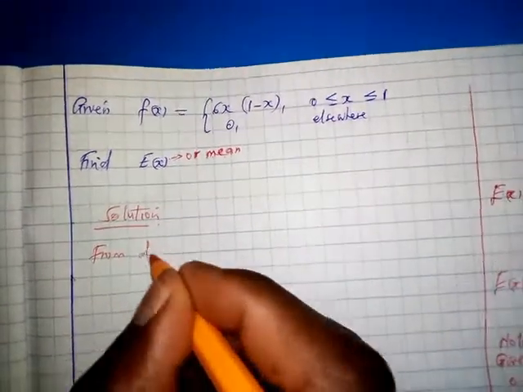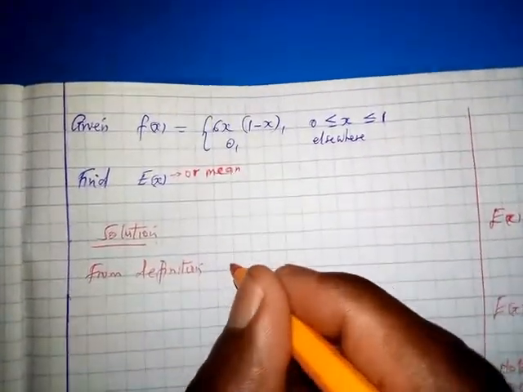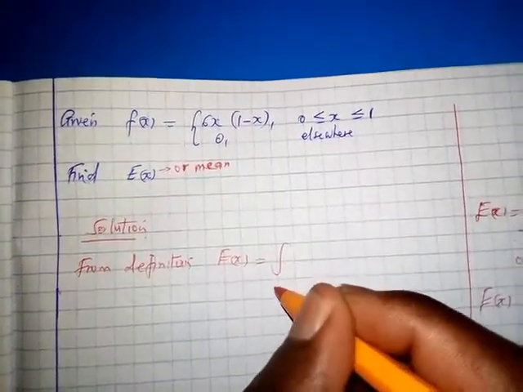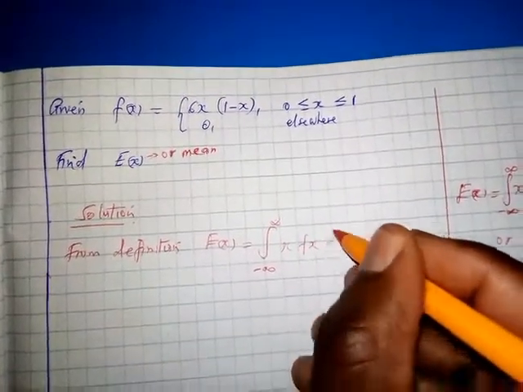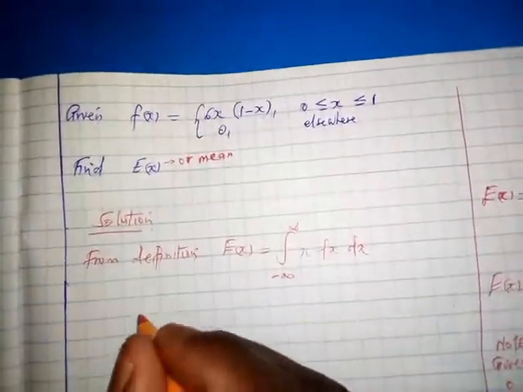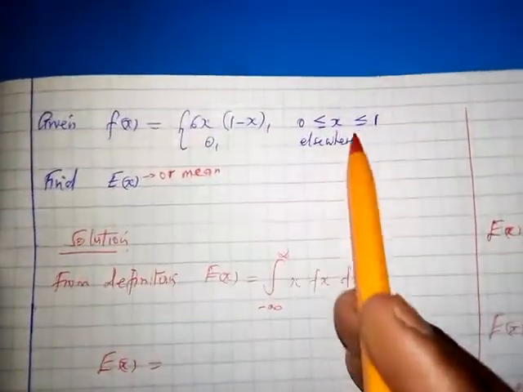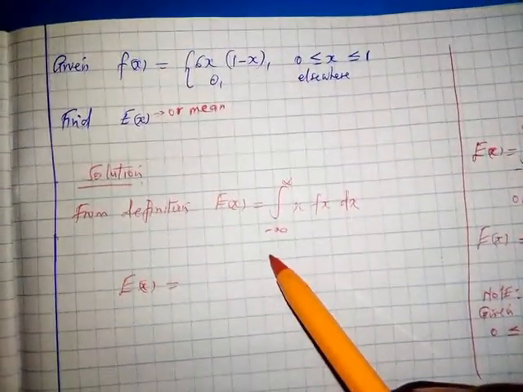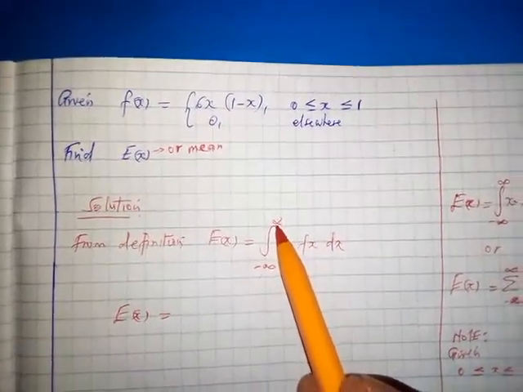From definition, E(X) equals the integral from negative infinity to infinity of x f(x) dx. So E(X) equals, the interval is from 0 to 1. Remember, negative infinity is the smallest value and infinity is the largest value.